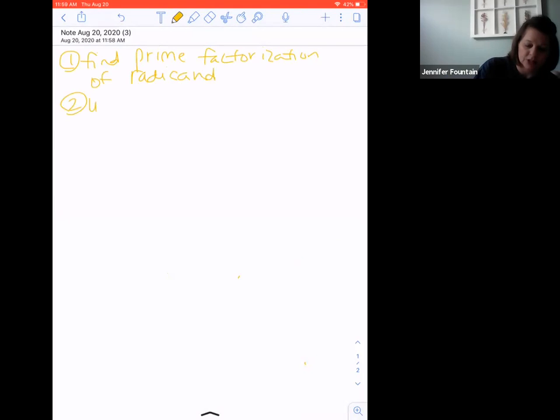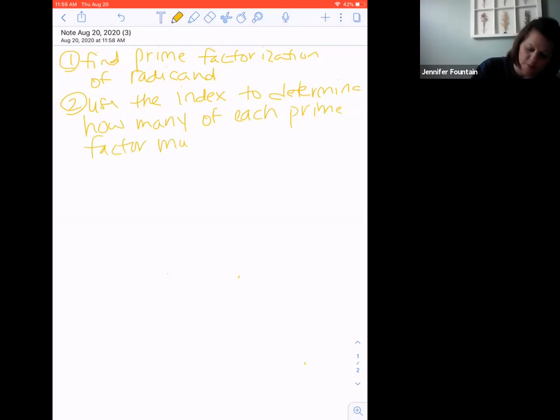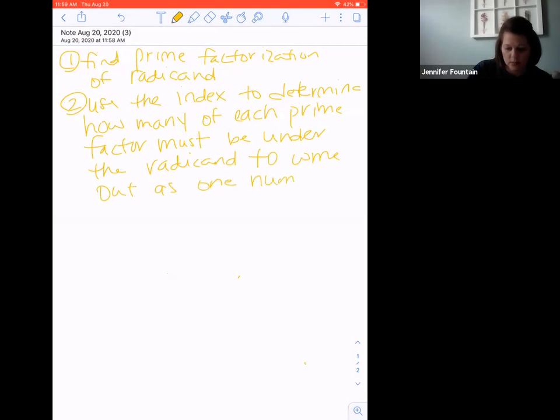Step 2, I need to use the index to determine how many of each prime factor must be under the radicand to come out as one number.